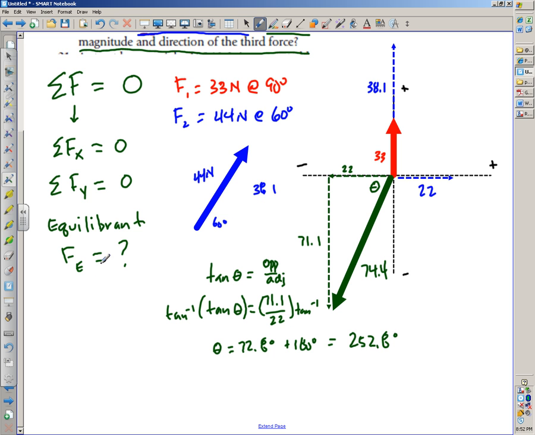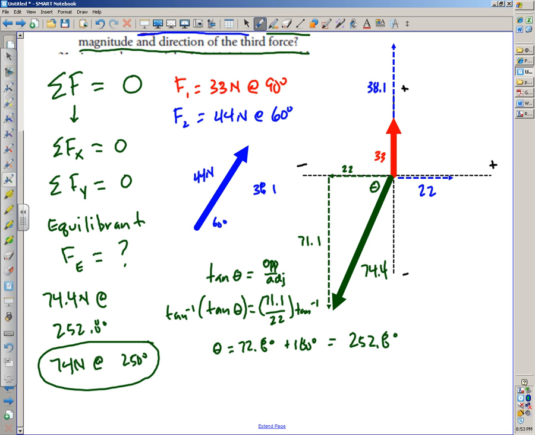So the equilibrant force in this problem is 74.4 newtons at 252.8 degrees, or if we go back up to the problem in sig digs, we would go 74 newtons at 250 degrees. Alright, so that was a review of something that we did on Friday.